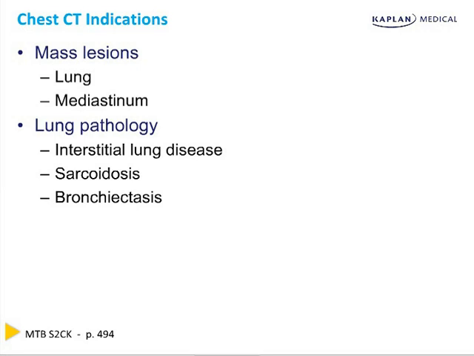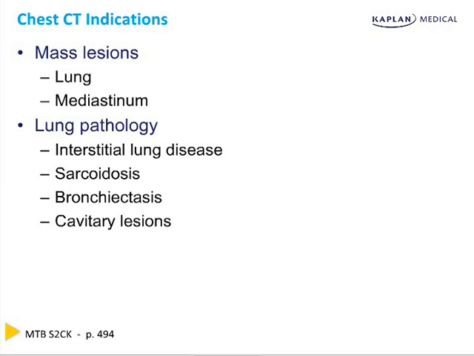So if a patient is coughing up large amounts of green or yellow sputum, the classic symptom of bronchiectasis, they should receive a chest CT as well. Cavitary lung lesions seen on X-ray can represent a variety of conditions, including tuberculosis, cancer, Wegener's granulomatosis, as well as cysts or abscesses, and thus a CT is necessary to help differentiate between these conditions.